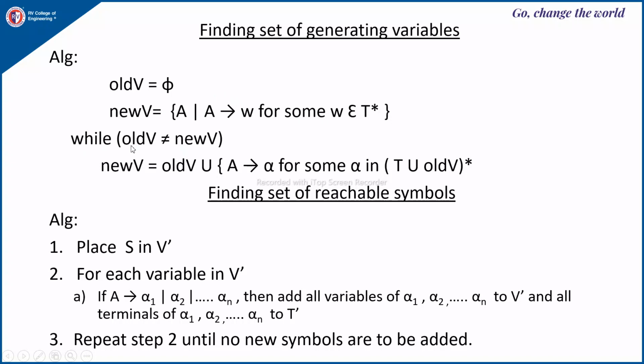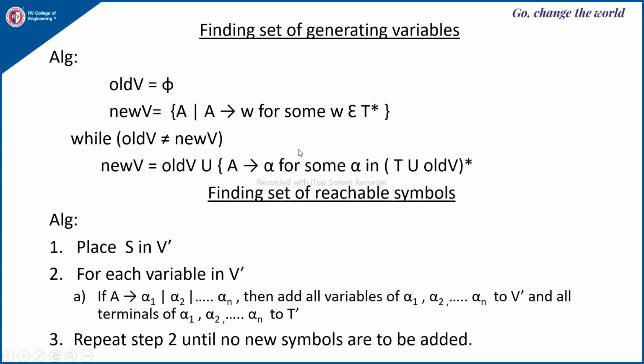Now we have a loop here. While old variable is not equal to new variable, new variable is equal to old variable union A, where A derives alpha for some alpha in (T union old variable) whole star. That means if the RHS alpha contains elements from T and the old variable, then A is generating, so the variable A will be added to the new variable.